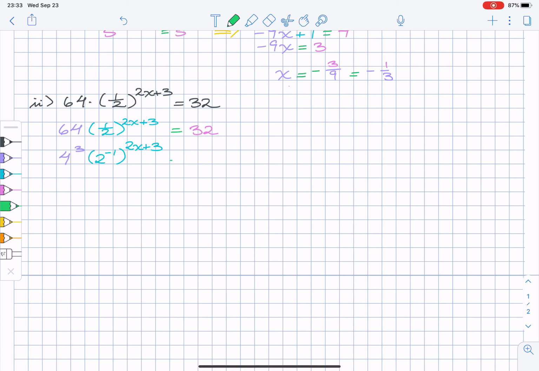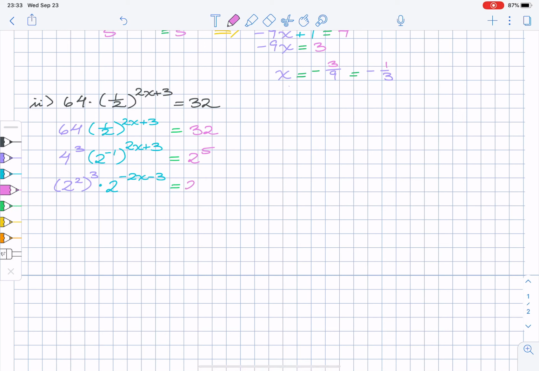And now on the right-hand side, I know that 32 is 2 to the 5th. Going back to the purple factor, 4 is 2 squared, which I'm cubing. Now, the blue factor, when I raise a power to a power, I can multiply. So this will now be 2 to the minus 2x minus 3, and that's equal to 2 to the 5th.